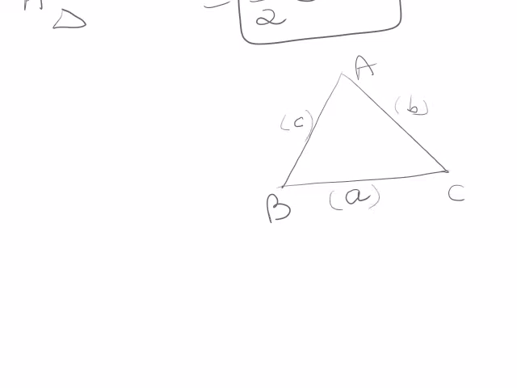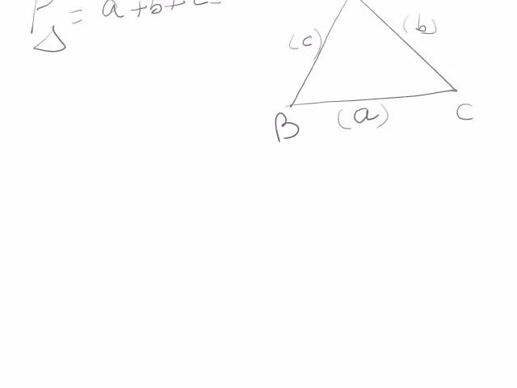Okay? This is the notation used. In that case, perimeter of the triangle will be a plus b plus c. That is sum of all the three sides. Clear?